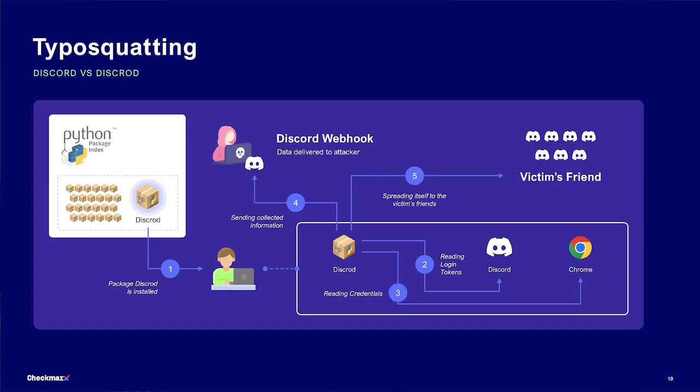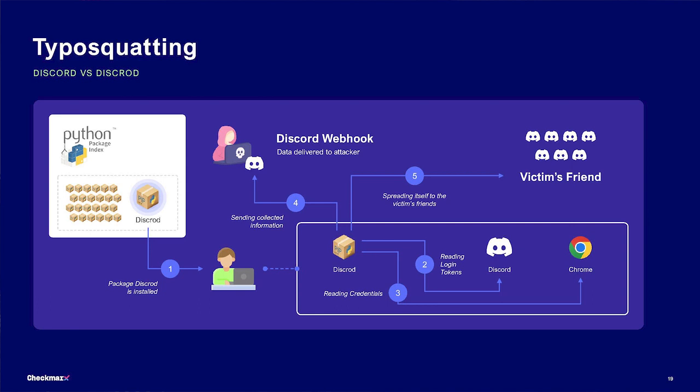So this happened, I believe, in June of 2021. Everybody knows Discord servers. Well, Python had a package created called discrod, which I find humorous anyways, just in the name. But it was downloaded, and the malware was actually a worm.